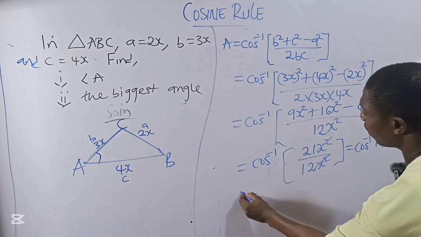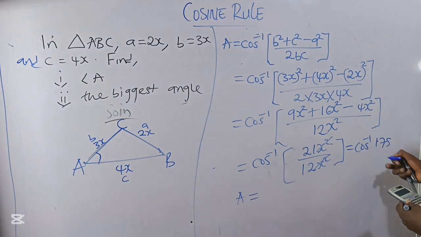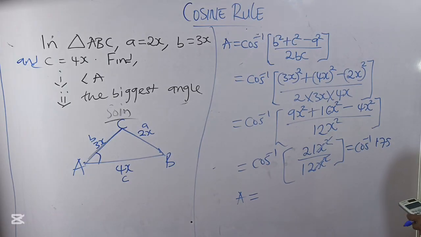And we'll finally have our angle A equal to the shift cos of 1.75.